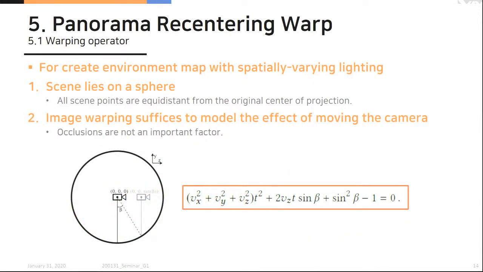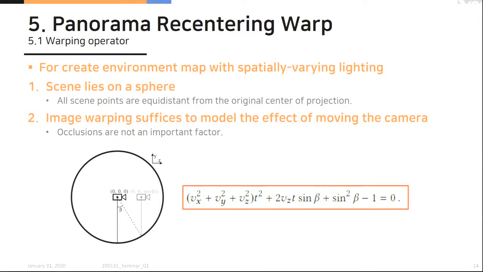So the aim of the warp operator is to create a virtual camera of the projection with a nadir at an angular distance of beta with respect to the original nadir. Imagine that the camera is located in the center of the sphere, and you want to move the camera to get a closer captured image.